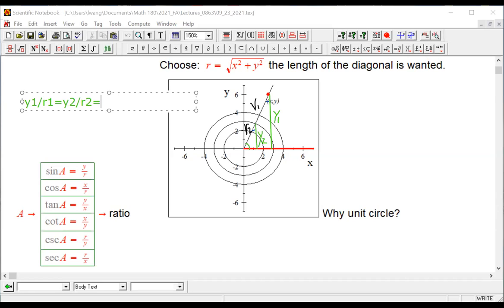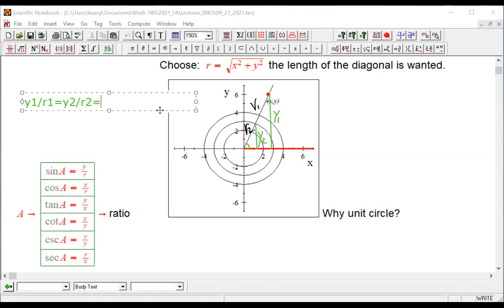And this list can go on if you choose any other points on the terminal the same way. It might be on different circles.